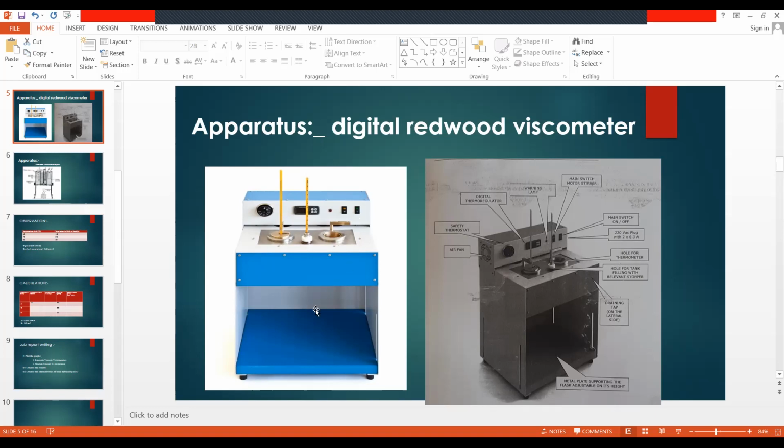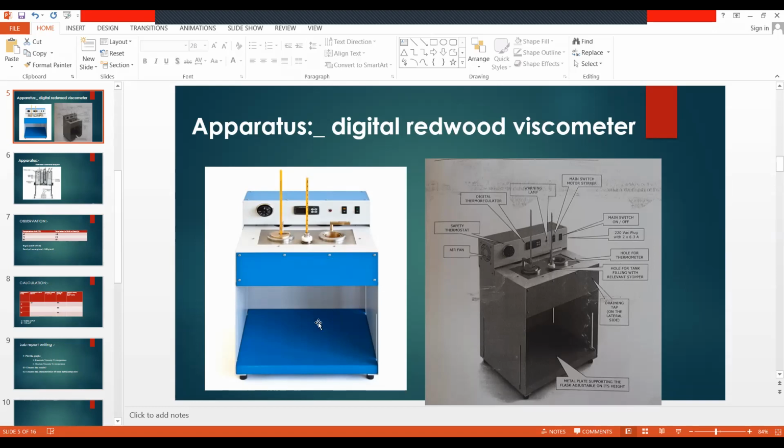Then we collect the sample from the downside using the 50 milliliter cup, which is provided with this apparatus. There will be an indication for the 50 milliliter level. We have a stopwatch; when we start to collect, we start the stopwatch.